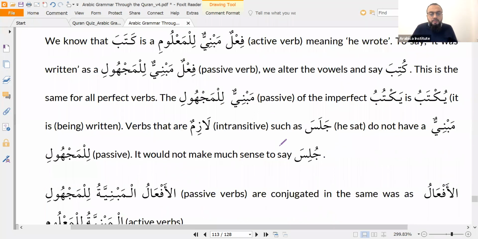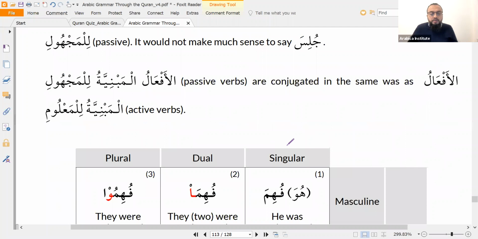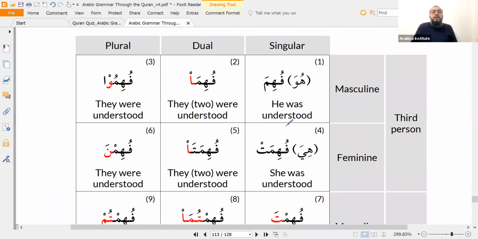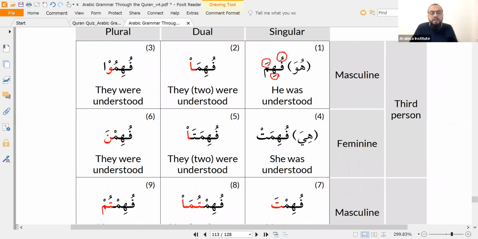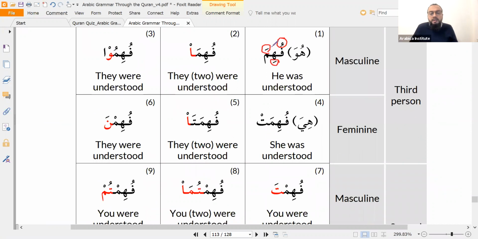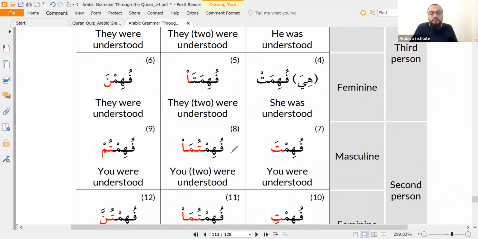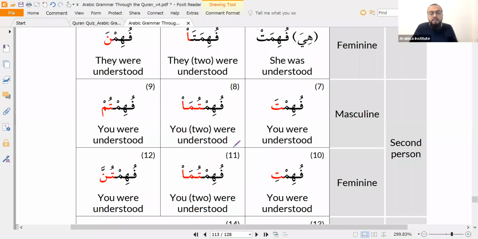So we'll let you read all that on your own later. So from fahima, you have fuhima. In the passive verb, you get this voweling pattern, dhamma, kasra, fatha in the perfect. So you have fuhima, fuhimu, fuhimat, fuhimata, fuhimna, and it's just conjugated the same way. So fuhima is the passive of fahima.